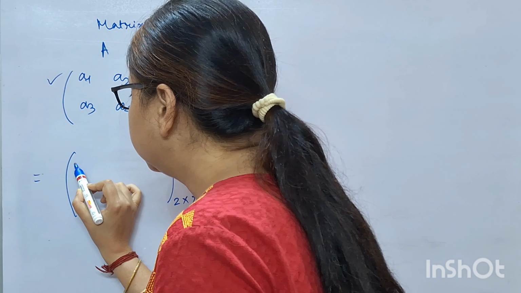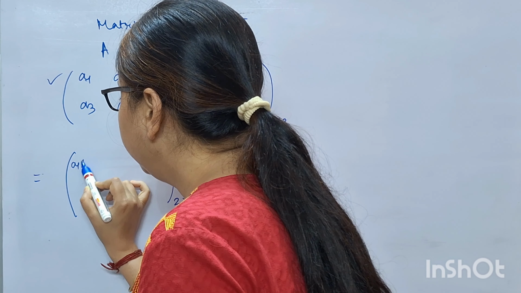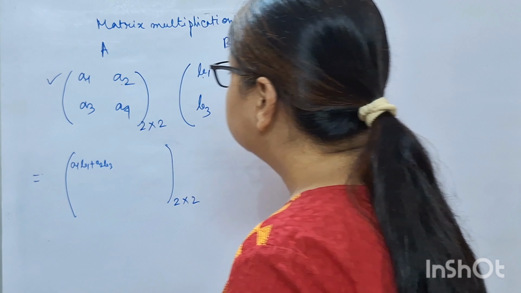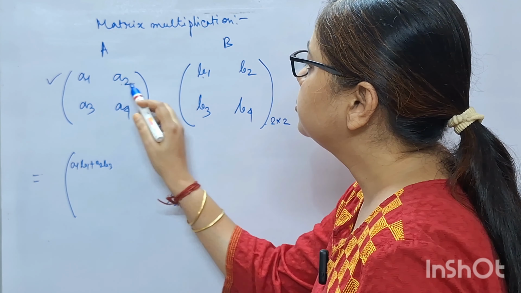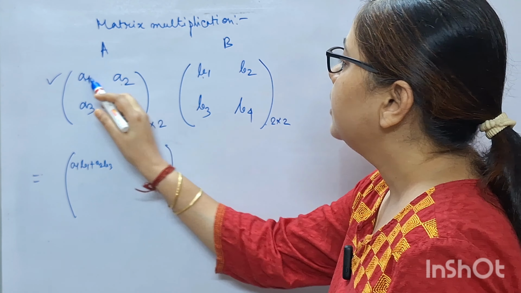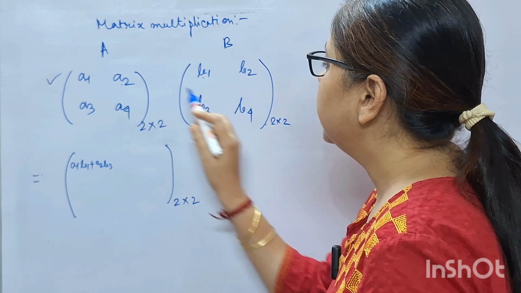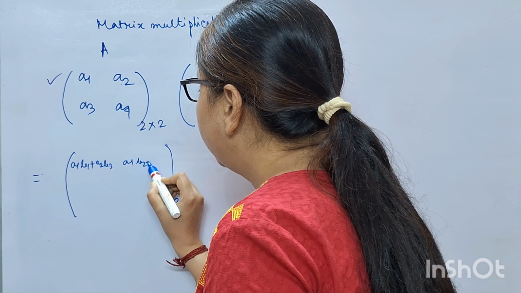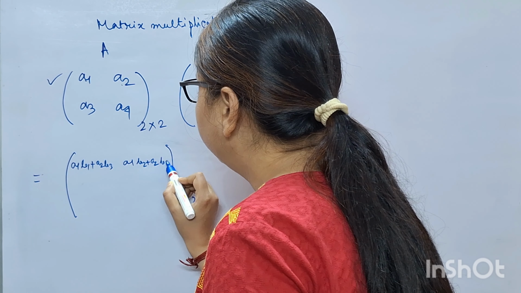This is the first element. Next you have to take the first row of A and the second column of B. So A1 B2 plus A2 B4.